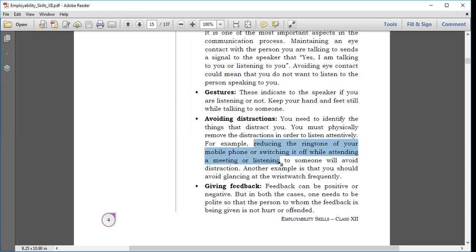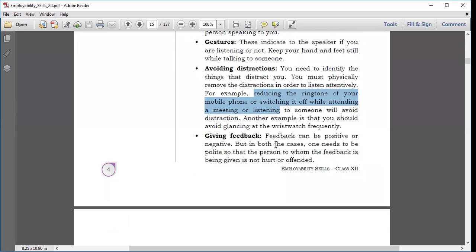It should be on silent mode, so that in case there's a call, you and the other person are not distracted. Avoid glancing at your wristwatch. That is also a distraction.